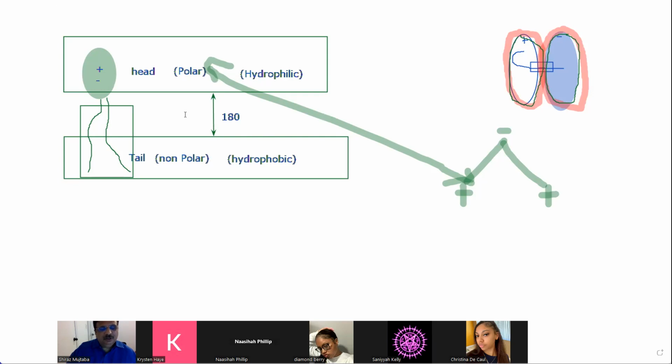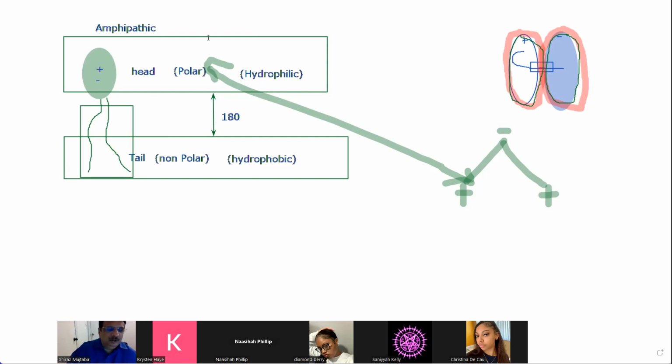So within a single molecule, you are seeing two biochemical characteristics. Such molecules are called dual-characteristic molecules, based on their liking for solvent, and are called amphipathic. So a lipid molecule, which is the major component of the membrane, is amphipathic.